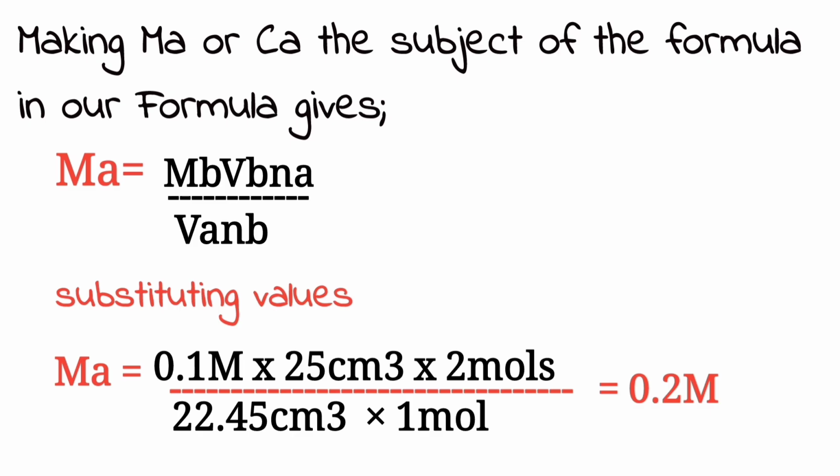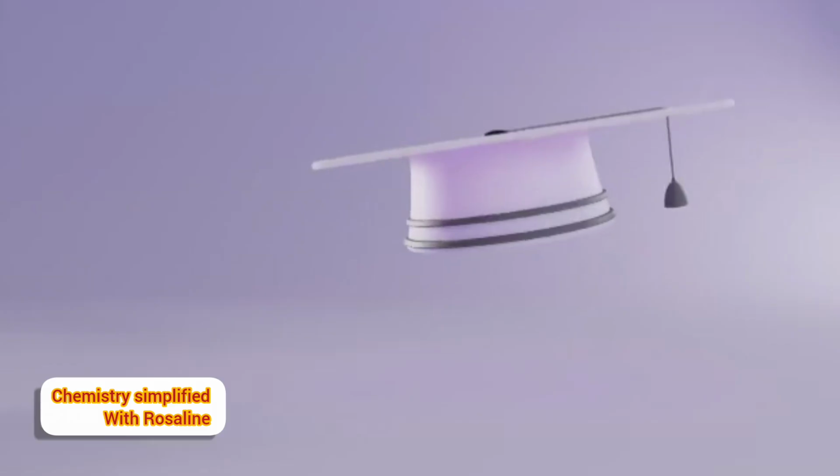From our balanced equation, we had 1 mole. If you do the maths of this, you are going to have 0.2 molar as the concentration or the molarity of hydrochloric acid. Congratulations to you. You have determined the concentration of hydrochloric acid by titration using the concentration of sodium carbonate. Thanks for joining and see you in our next video.